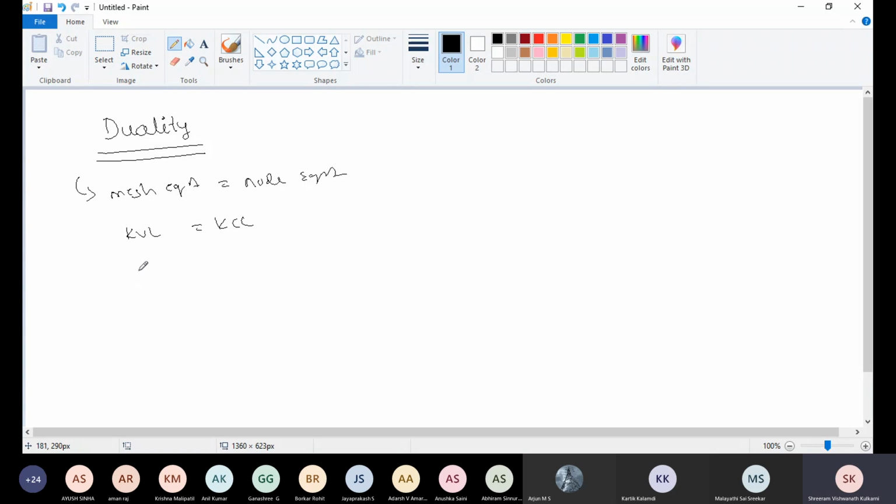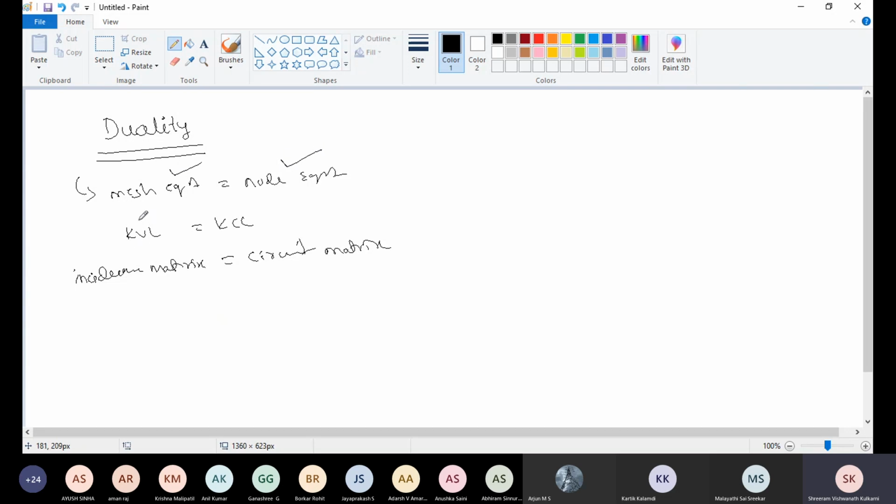Dual in the sense what? Here in a network, how we are going to say? If the incidence matrix of one network is equal to the cut set circuit matrix of the other network. If two networks are dual of each other, then one network's mesh equations equal the other network's node equations.